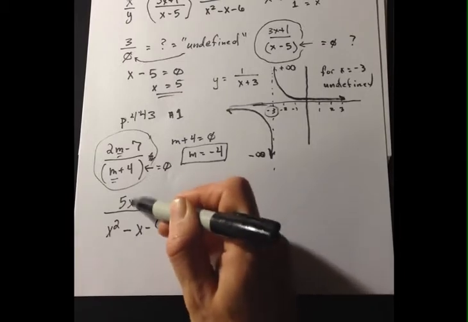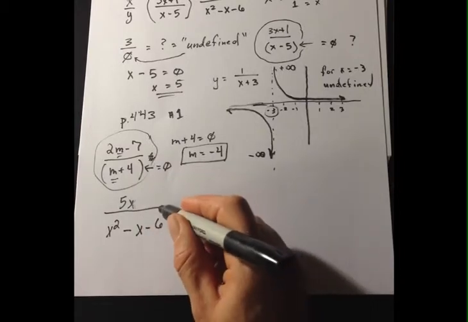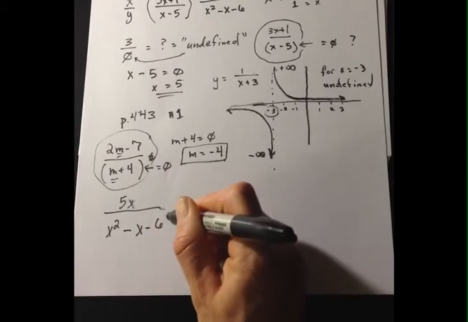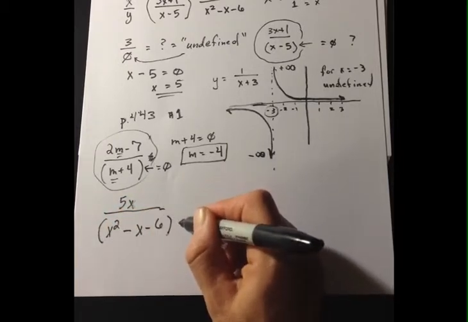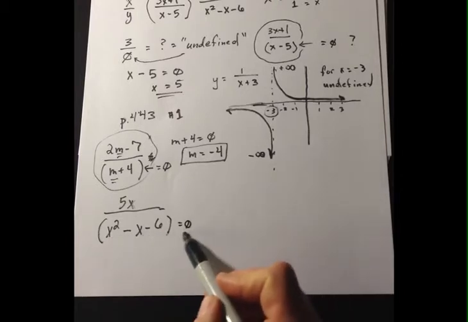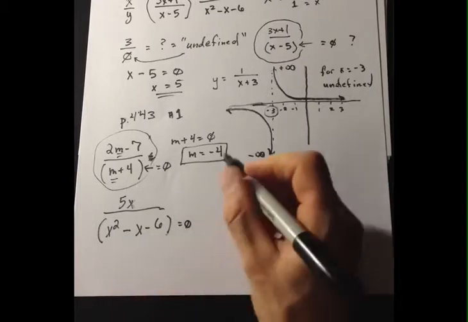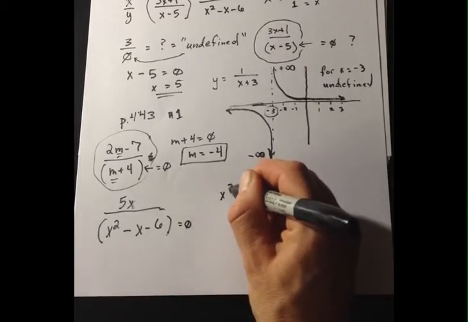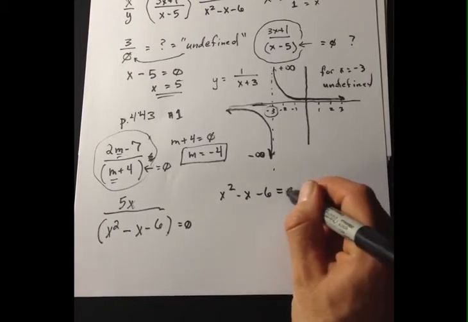Same thing again, even though the expression in the denominator is a little bit more complicated, we still want to set this denominator equal to 0 and then find the values of x that make that equation true. So we'll have x squared minus x minus 6 equals 0.